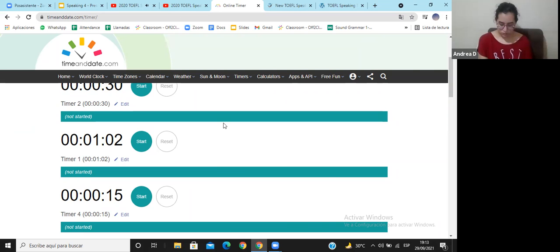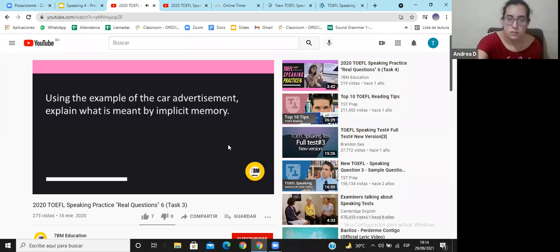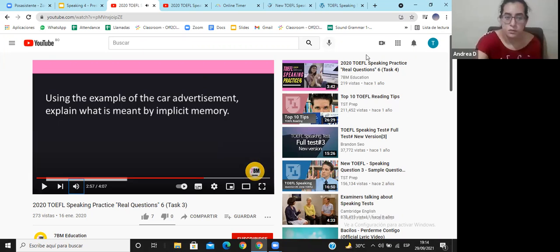Using the example of the car advertisement, explain what is meant by implicit memory. Okay.